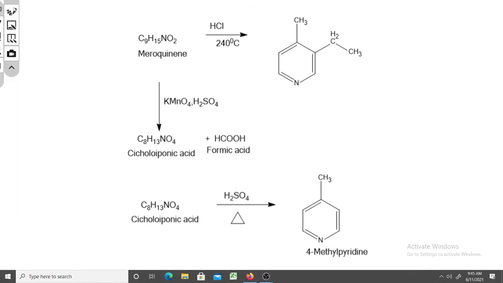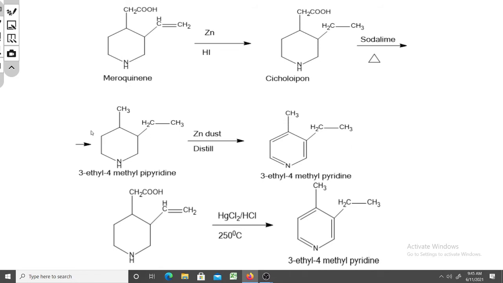So for that, cincholoiponic acid is again reacted like this. That is, meroquinine is zinc distilled and we get cincholoipon, which on reaction with soda lime gives 3-ethyl 4-methyl pyridine.